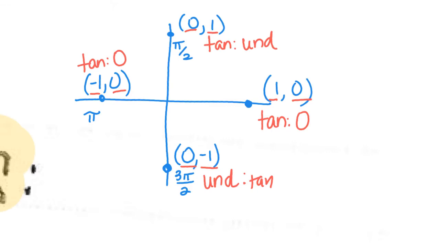All right, so now let's talk about the cotangent. The cotangent, remember, is cosine over sine. So notice where the tan is 0, the cotan is undefined. Notice where the tan is undefined, the cotan, cosine over sine, is 0.